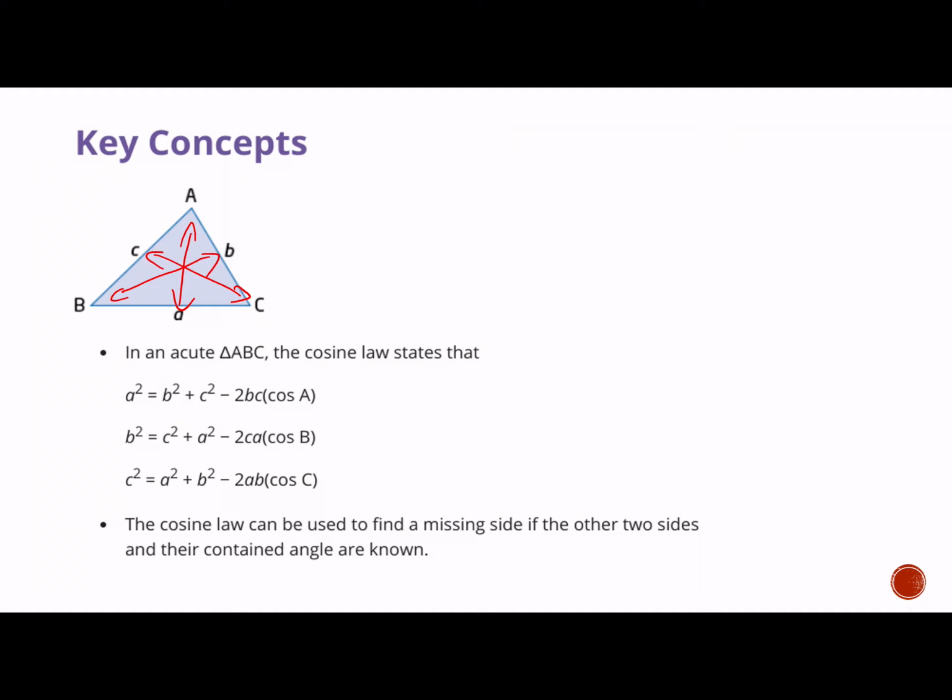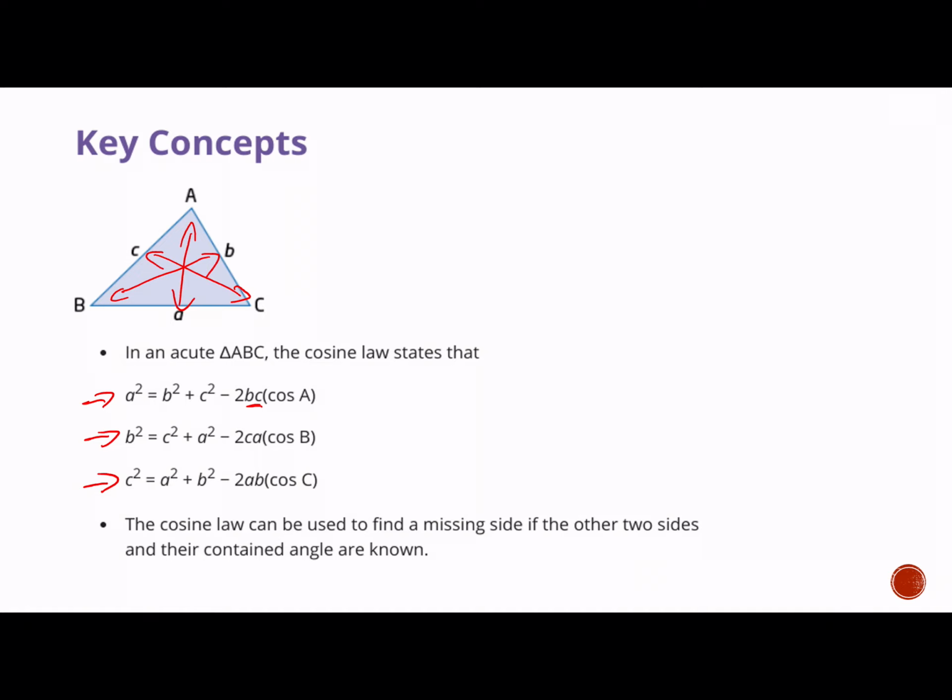In an acute triangle ABC, the cosine law states that we can write it in 3 different ways depending on which side we want, but if we want to find a side, we need to square that side equals the sum of the squares of the other 2 sides minus 2 times, again, the other 2 sides, and the cos of the opposite angle.